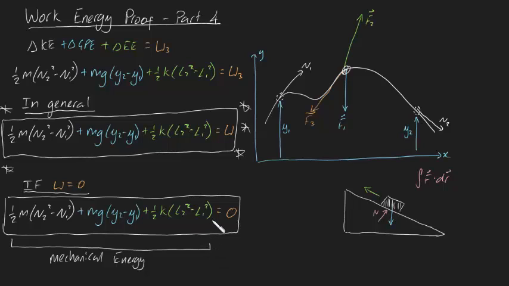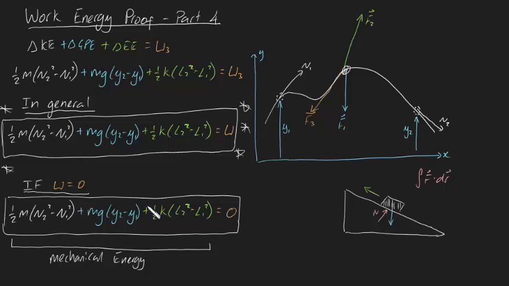Now, this is the bit where your mind's about to explode, right? What I'm going to say is we've proven the conservation of mechanical energy in this particular case, because if it's true that this term, say, gets really low, maybe V2 slows down for some reason, then it has to be picked up by one or both of these terms, right? Purely by mathematics.